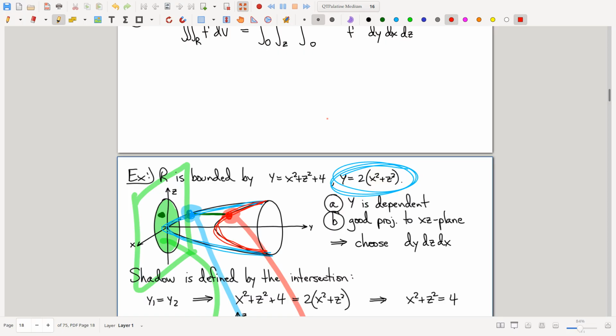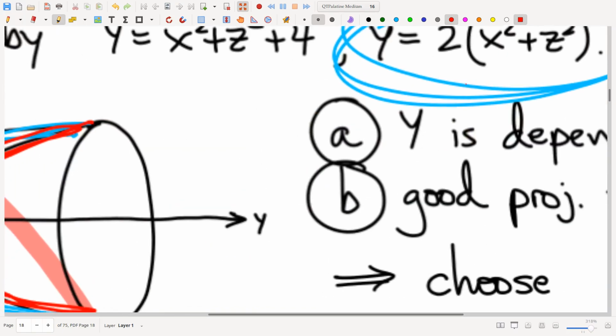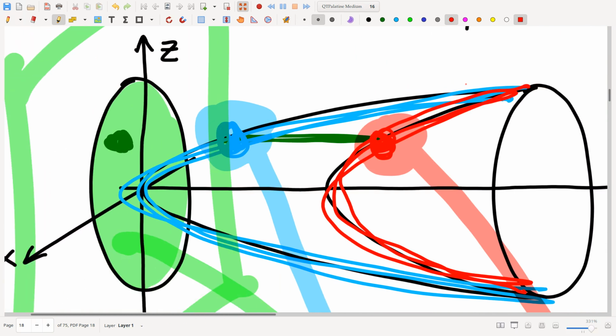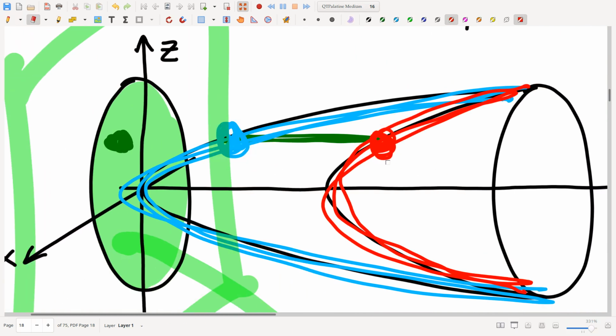Let me draw, and I'll zoom in so we can see better. If I understand correctly, you're wondering about points up here. Let me clean up my picture. So what about a point here? It's not going to correspond to those values of x and z.